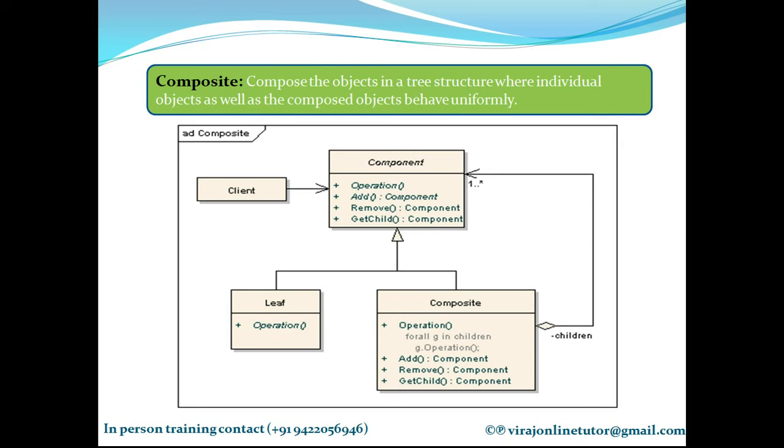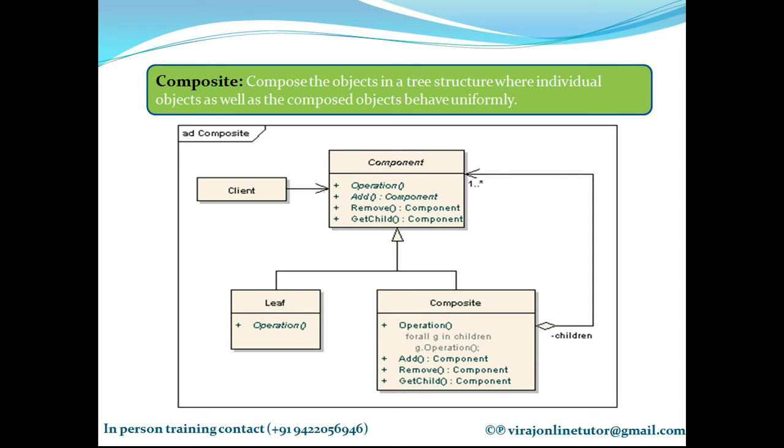So when do you think of using a composite object? The question that you need to raise to yourself is, do you have units and groups and want to treat them the same way? Do you have a single entity unit or a group of units and you want both to behave the same way? Then the answer is composite.